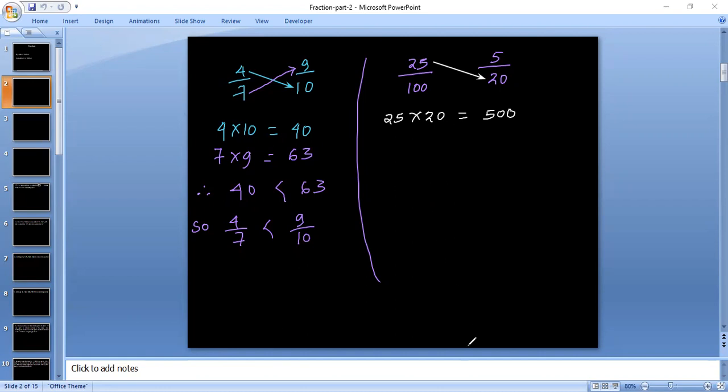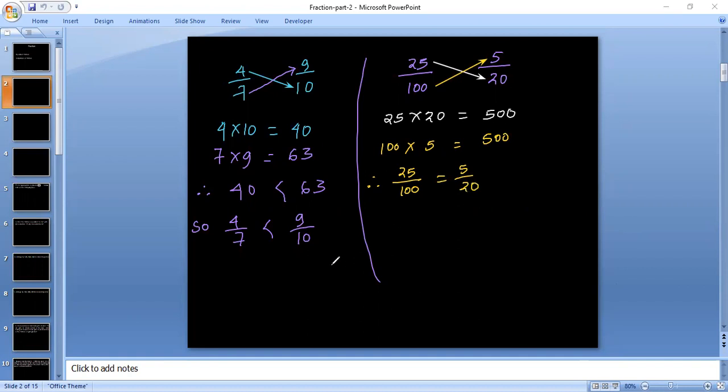Then the denominator of the first fraction into the numerator of the second fraction: 100 into 5 is equal to 500. Both parts are equal, so you conclude that both fractions are equivalent to each other.